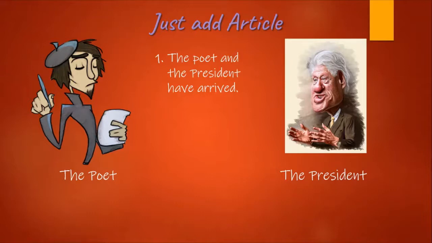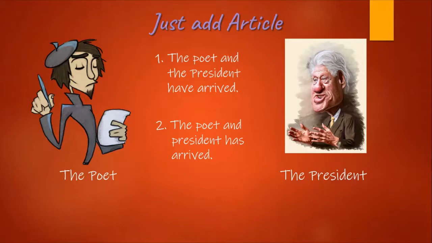If we use a pronoun to replace them, the pronoun which we will use is they. They have arrived. But suppose we say the poet and president has arrived. Note I have removed one the.